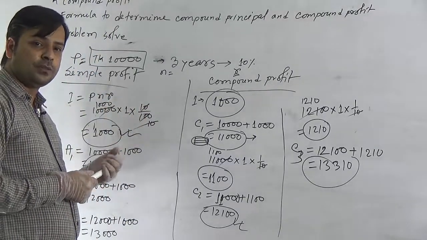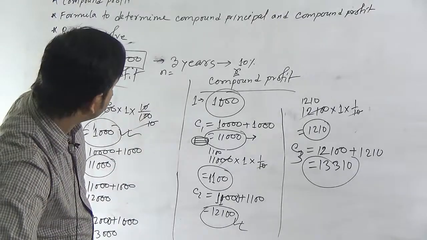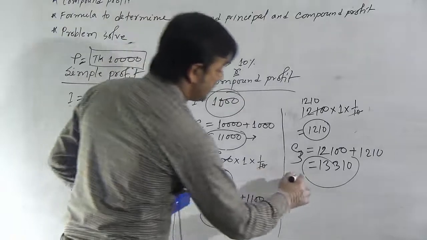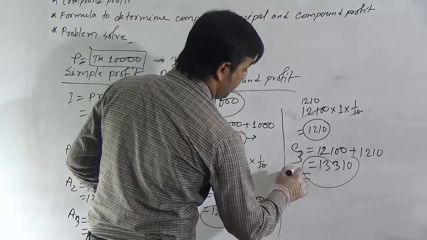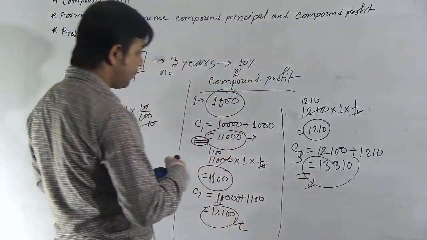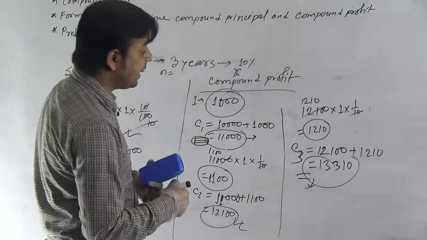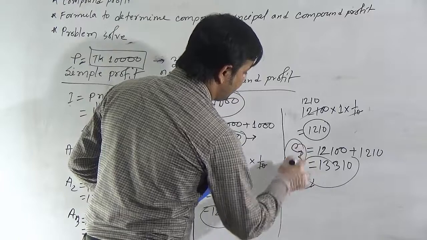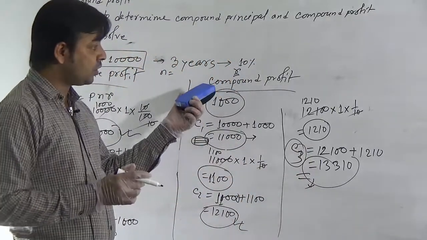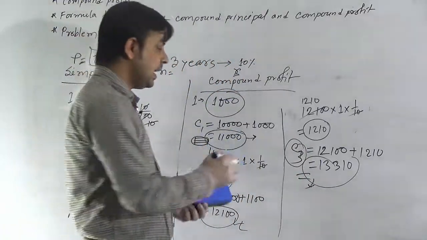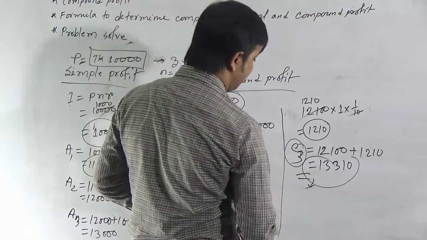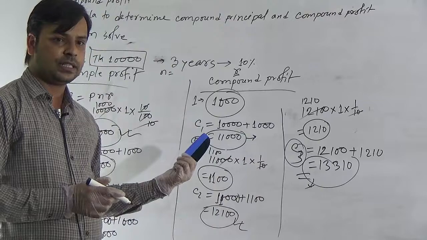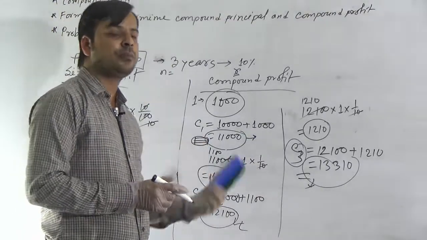The profit principal in case of compound profit is known as compound principal, and if you subtract the principal from this, you will get the compound profit.